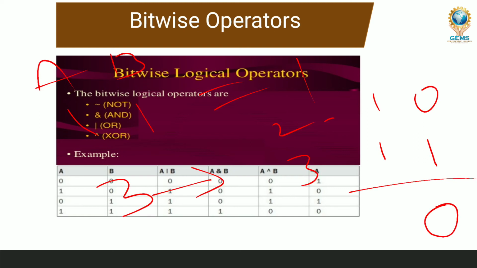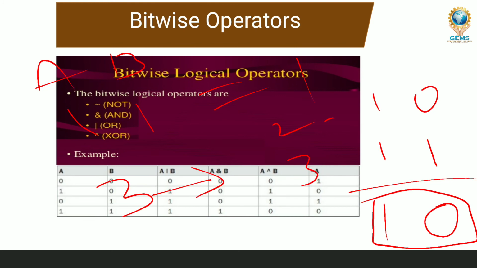Now 1 1 gives 1, because when both are 1 the answer is 1. So what answer are we getting here? 1 0. And 1 0 means 2.